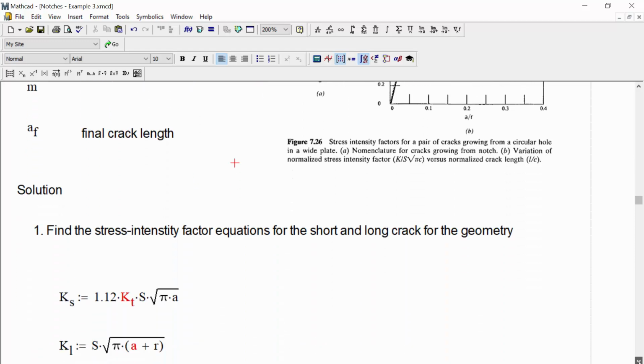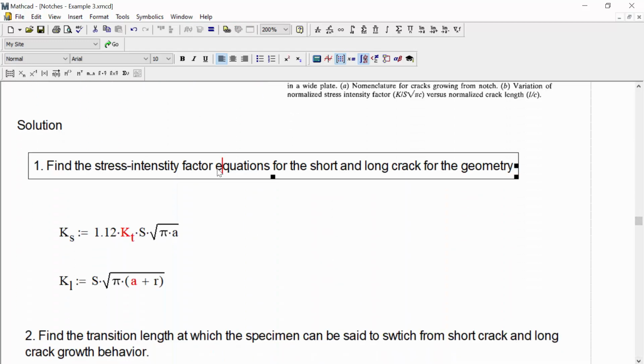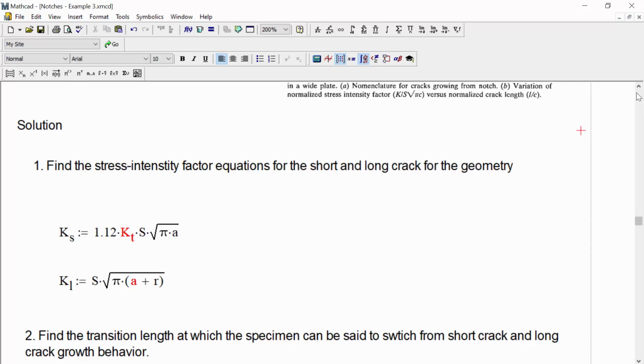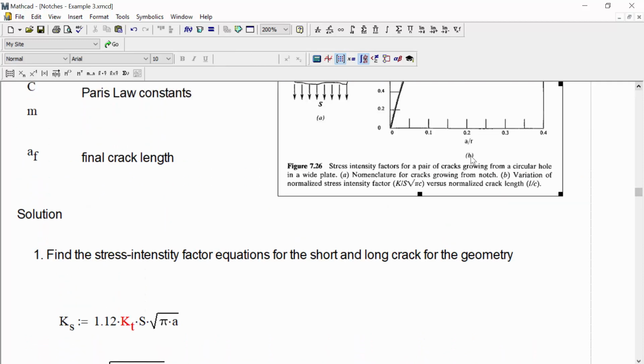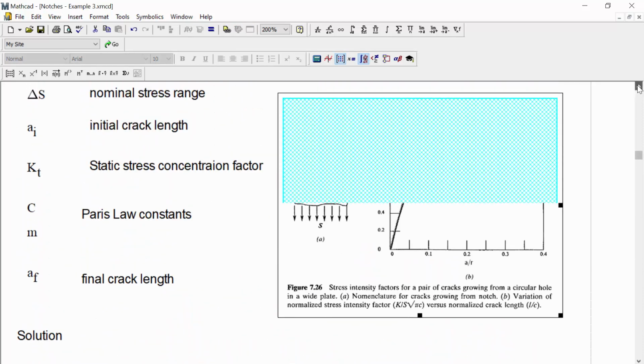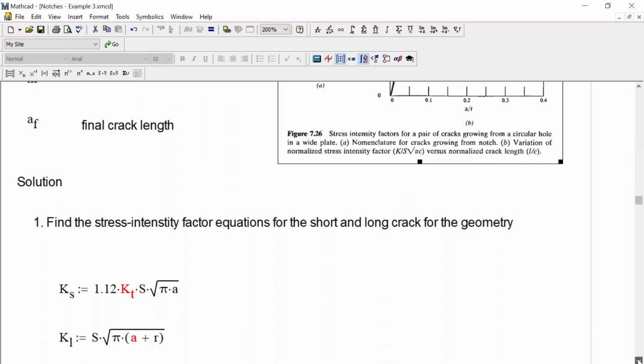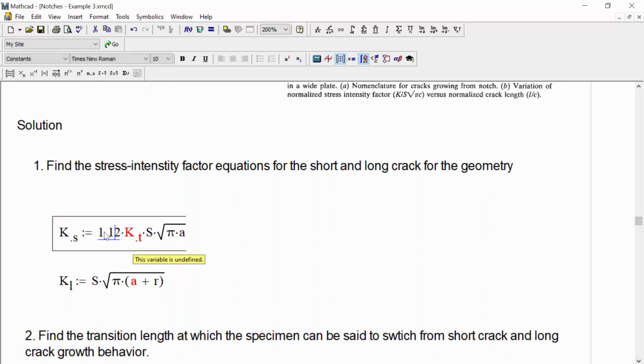The first step is we need to find the stress intensity factor equations specific to our geometry and loading condition. In our case, those equations are given in the plot. We're given the equation for the short crack, and we're given the equation for the long crack. So we're going to program those equations here into MathCAD, defining 1.1 times the KT times the net stress times the square root of pi times a, where a is the crack length.